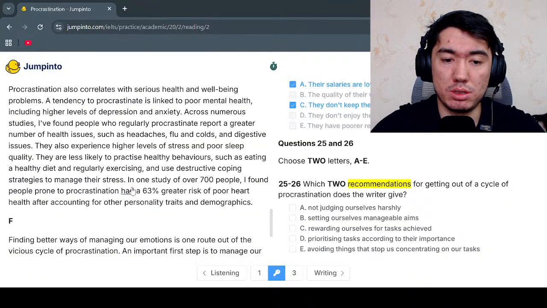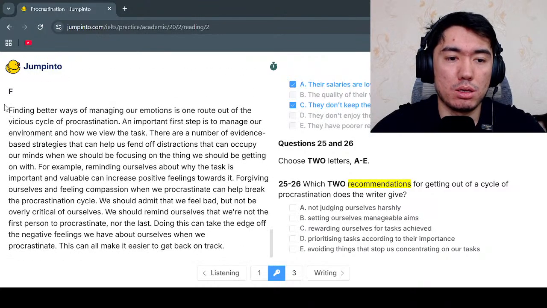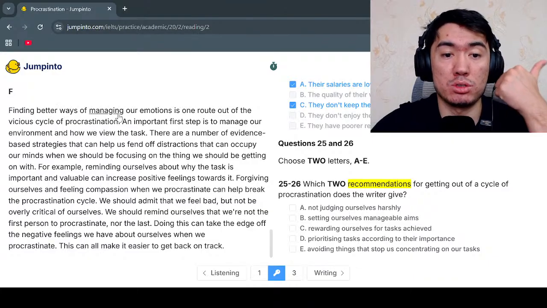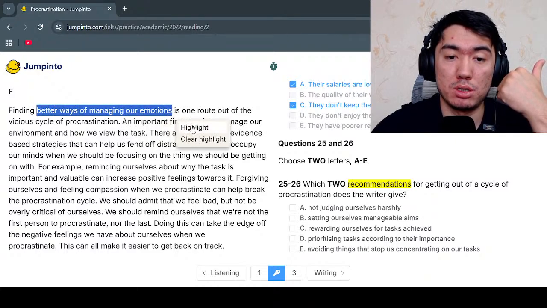Yes, and the last sentence also confirms that assumption. So finding better ways of managing our emotions is one route out of the vicious cycle of procrastination. So the first solution is managing our emotions, like better ways of managing our emotions.